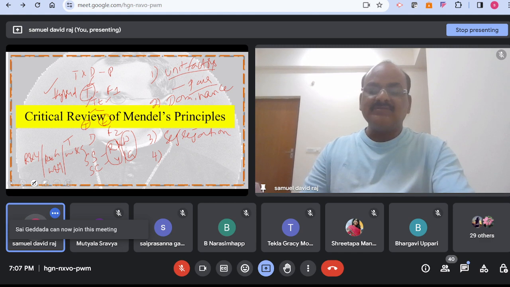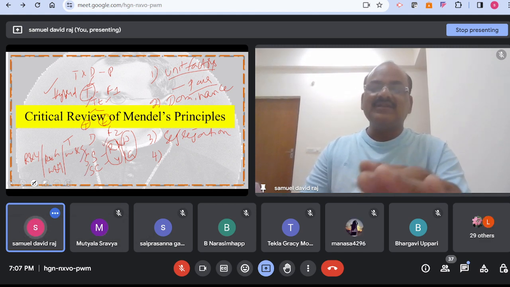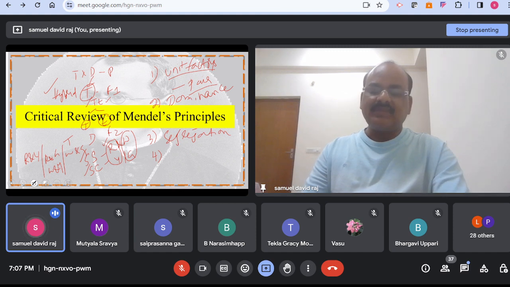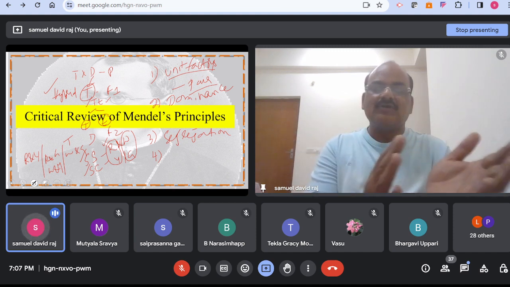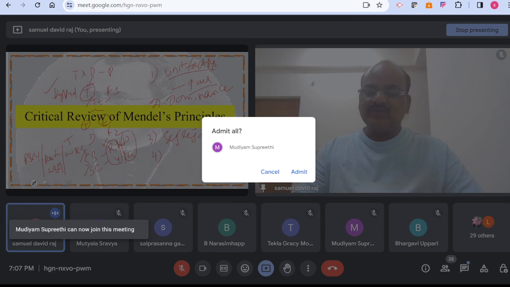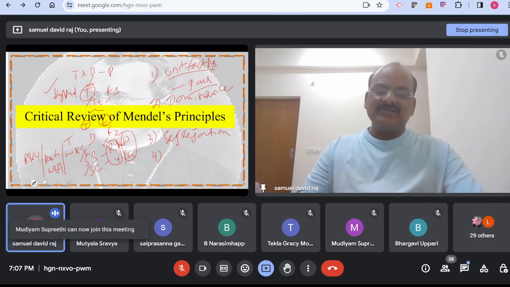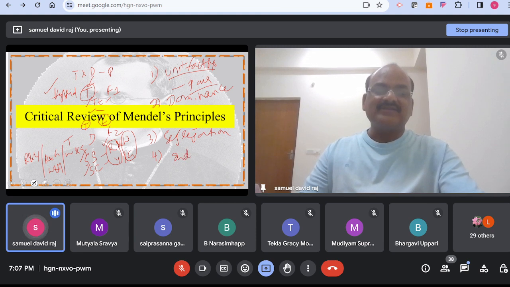Why did this happen? Because the genes for the two characters behaved independently of each other and separated or assorted freely, so that new combinations in addition to the parental combinations are formed. This is called the principle of independent assortment.